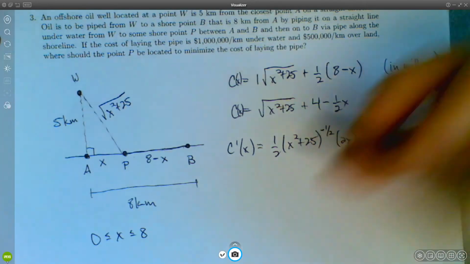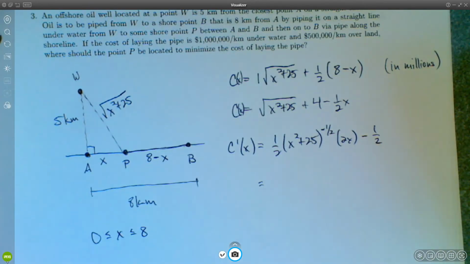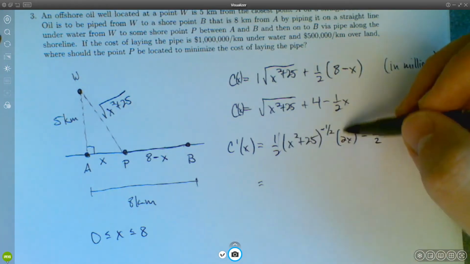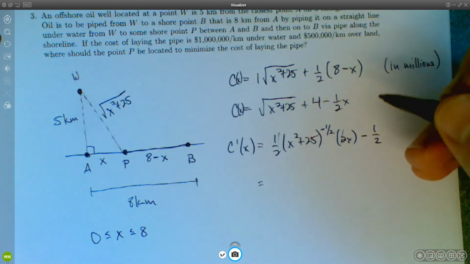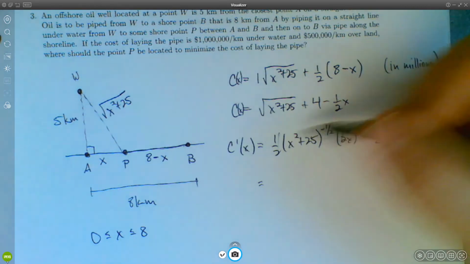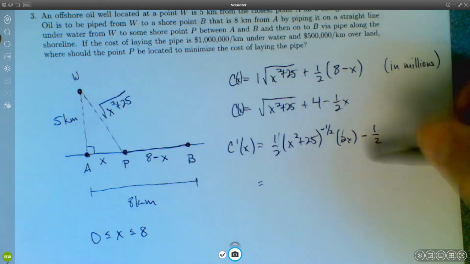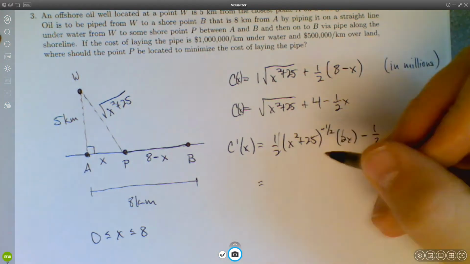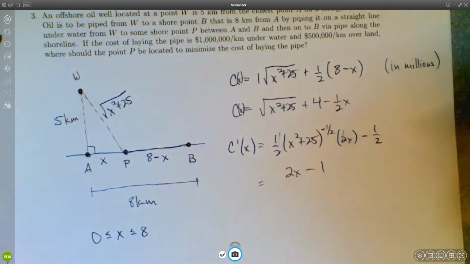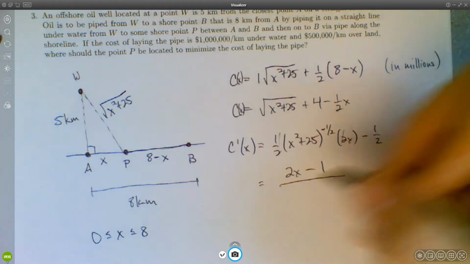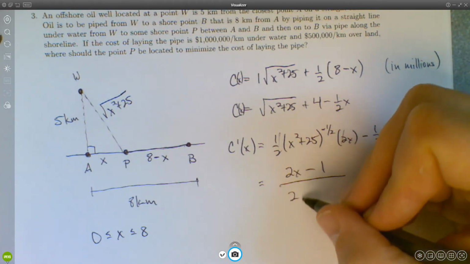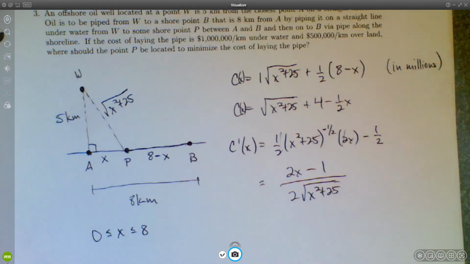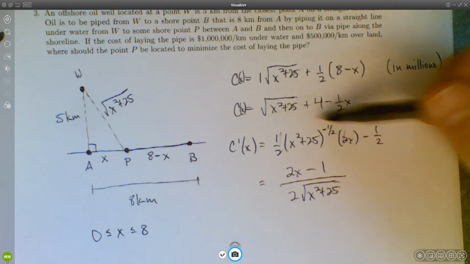Okay, let's see if we can clean that up. So I think the 1/2 and the 2 are going to cancel. Well, then again, maybe I don't want to cancel it because I might want to combine my two fractions here. So here's what I'm going to do. I'm going to call this 2x minus 1 over 2 times the square root of x squared plus 25. There you go. Right, this ends up in the denominator as a square root.